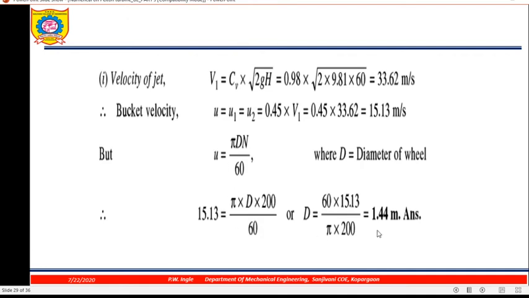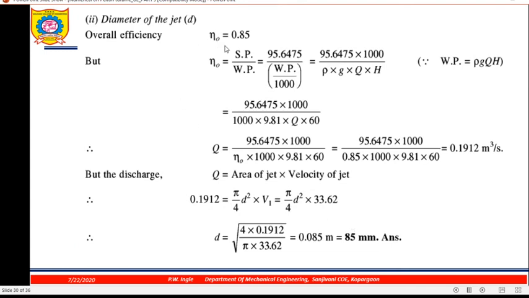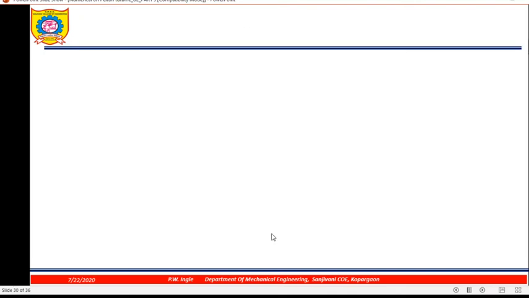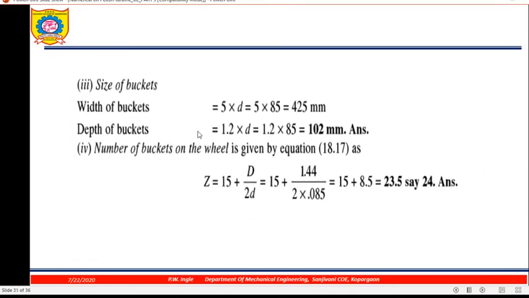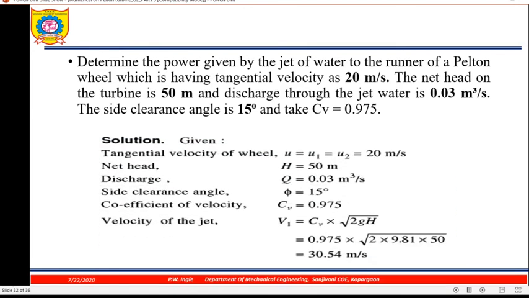U equals pi d N by 60, so you will get D, the diameter. From overall efficiency calculate Q, and Q is area of jet into velocity of jet, so you will get the diameter of jet. You have to design the turbine, so you have to calculate size of bucket: width of bucket, depth of bucket, and number of buckets on the wheel, 15 plus D by 2d, so you will get the number of buckets also. This is the design of a Pelton wheel turbine.